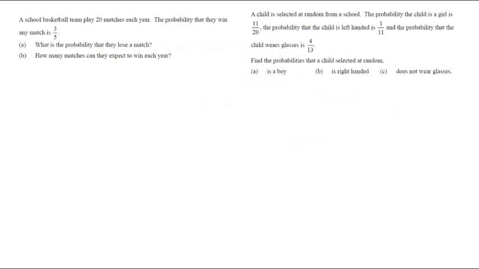Here's a question that says that a school basketball team plays 20 matches in a year. The probability that they win is 3 out of 5. What is the probability that they lose a match? So first thing, what are our two binary choices? We have the probability of a win plus the probability of a loss is going to be equal to 1.